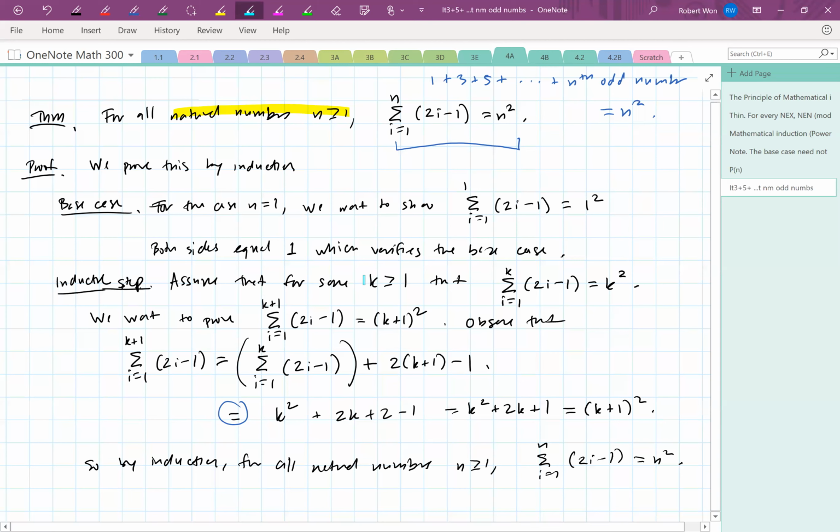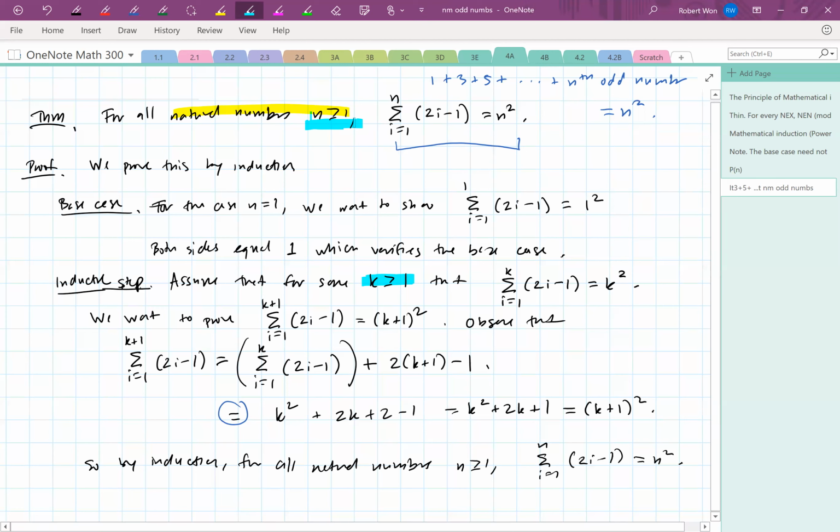Something to notice is this k here versus n. The n is like a global variable that's supposed to represent any natural number that you want. I'm trying to prove that for every natural number n, this formula holds.